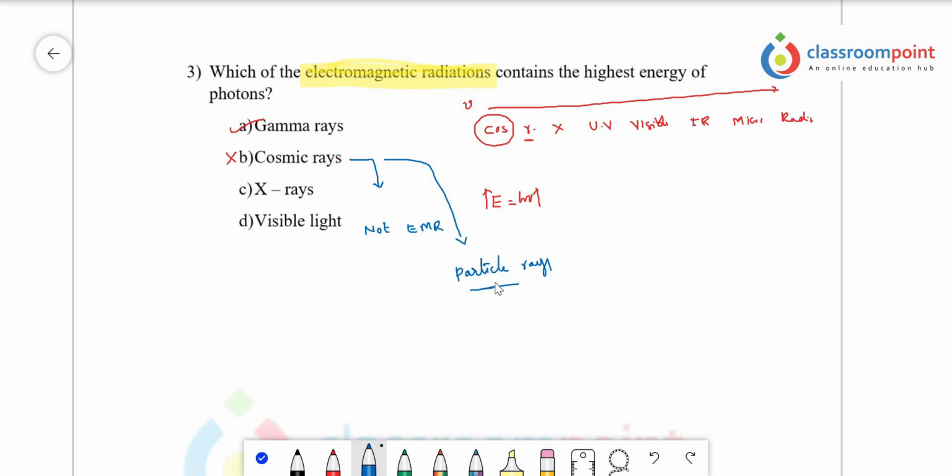These are the high energy particles coming from the space. Usually this is included in the electromagnetic spectrum, so actually we are misguided. Cosmic rays are not electromagnetic radiations. They are just high energy particles. So it begins from the gamma rays. So high energy photons are associated with the gamma rays.